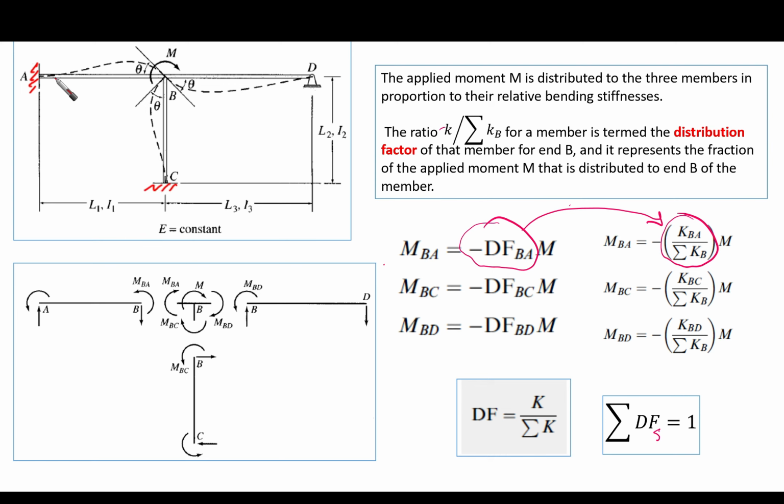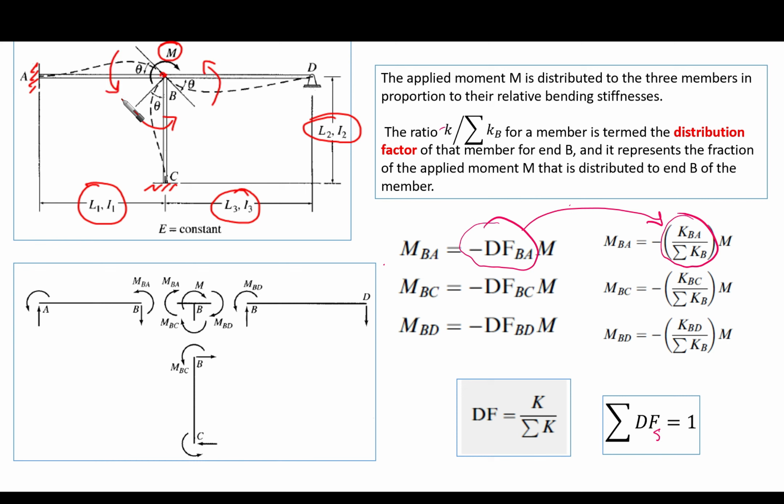Let's assume that every member has its length and inertia, as you can see: L1 I1, L3 I3, and L2 I2. E is constant for all of them. Let's assume that I apply a moment at point B, called M. What will happen here? Whenever I apply the moment M, there will be resistance from the members: from here, from here, and from here.